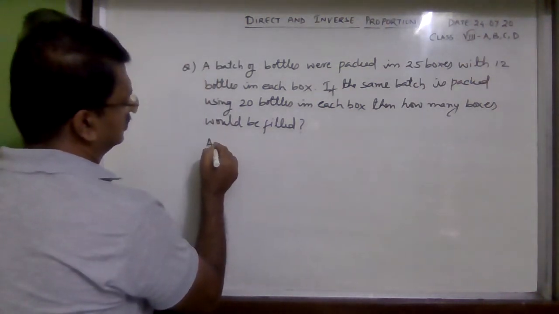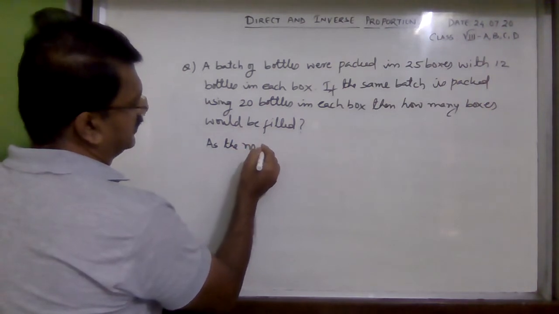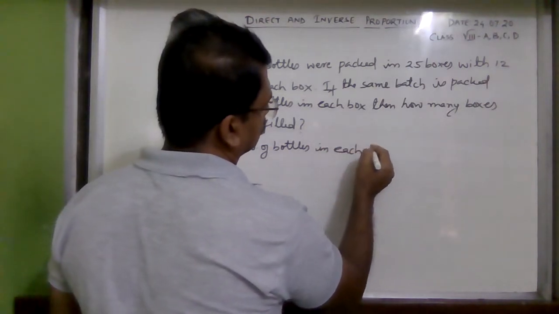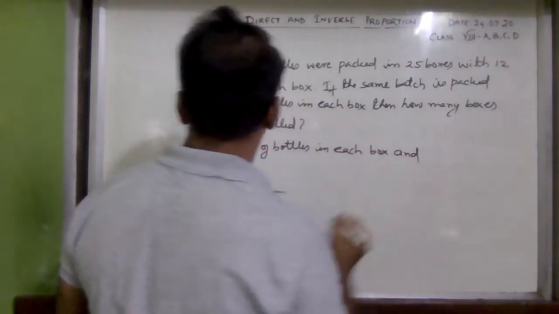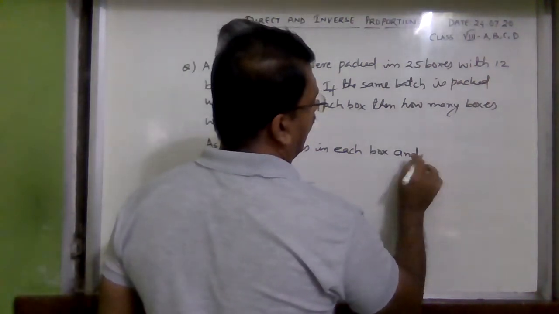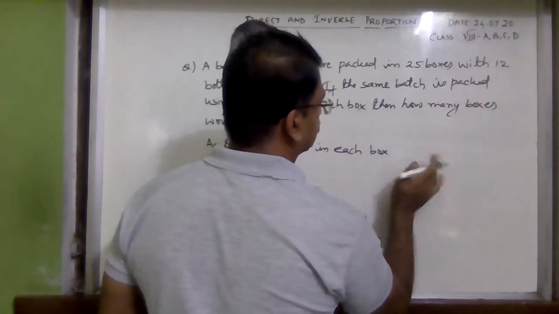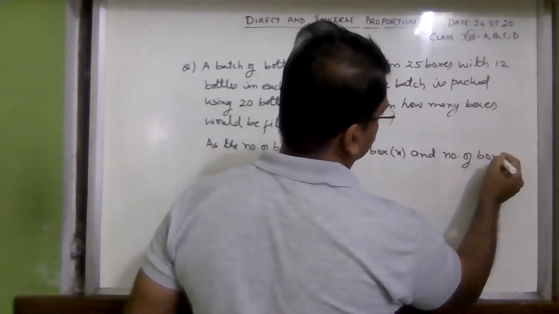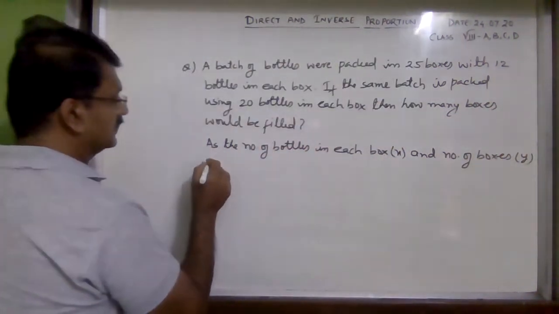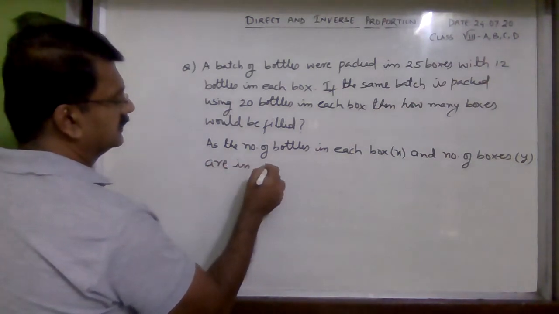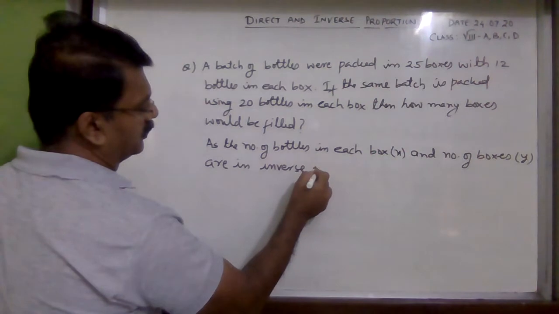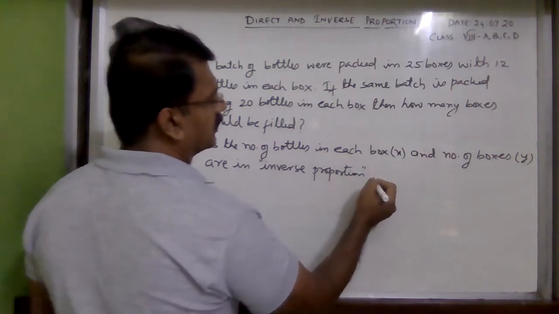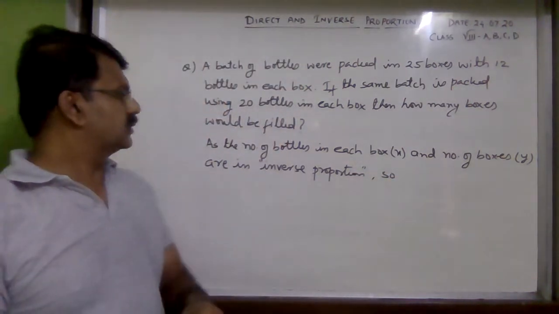Now, as the number of bottles in each box, that is X, and number of boxes are in inverse proportion, so they are in inverse proportion.